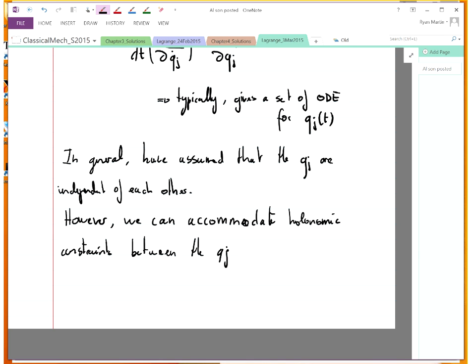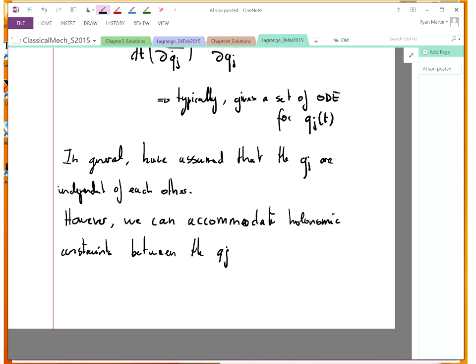So we may have some sort of constraint between the q_j's, an equation that allows you to express one q in terms of the other ones. But sometimes we might decide that that might be arbitrary, and we don't want to eliminate that particular q. So then we have too many q's. We have more q's than the minimum number of degrees of freedom.